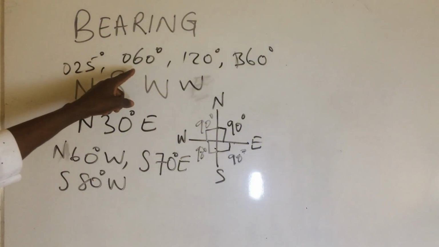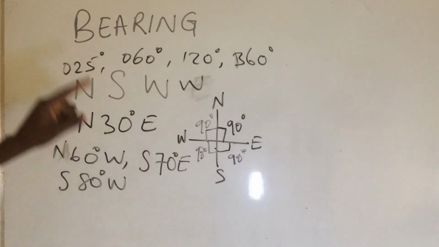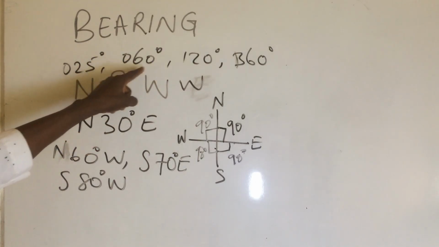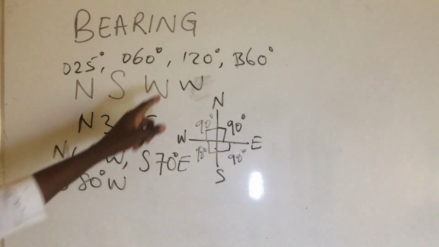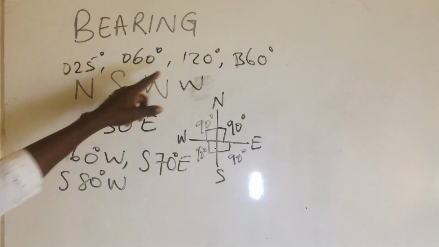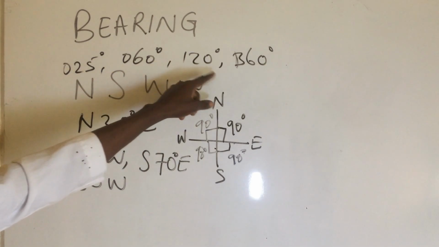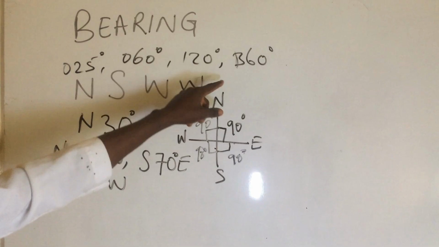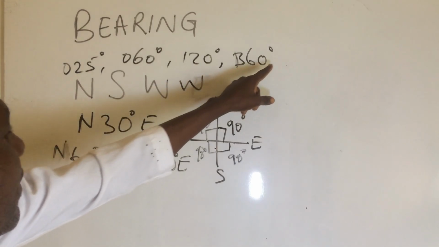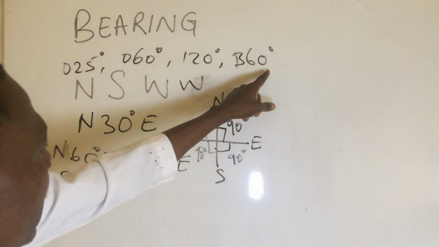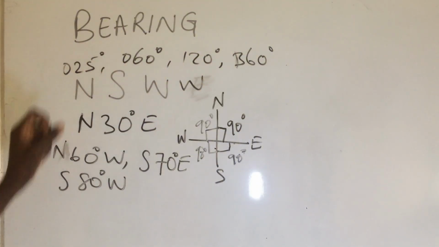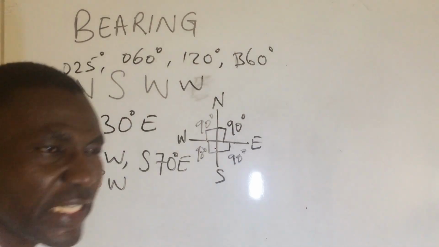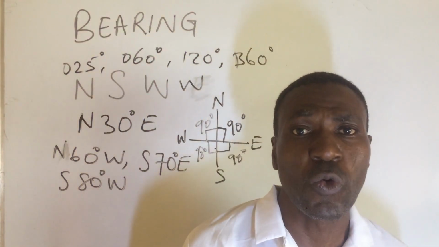Or if we want to write angle 60 degrees, we must represent it with 060 degrees. If we want to write 120, this is 120, already 3 digits. If you want to write 360, this is 360 degrees, already 3 digits. That's how we represent the angle.